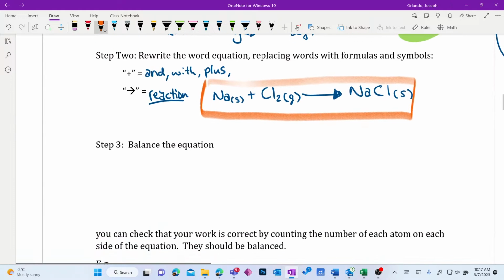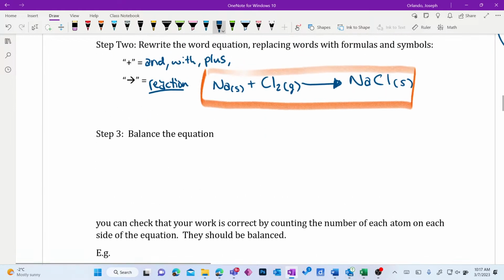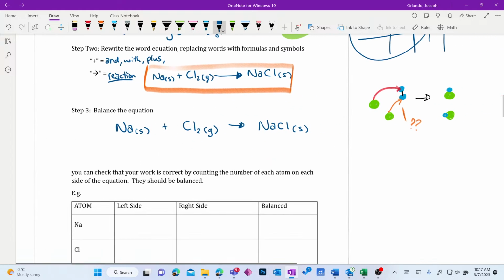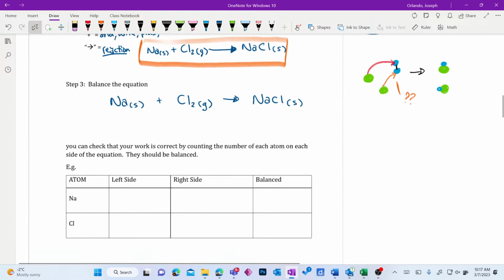Now, how do we do that here? Well, here's what I recommend. We have sodium. It's a solid. Reacting with chlorine. It's a gas. And we need to produce sodium chloride. Just count. Just count.